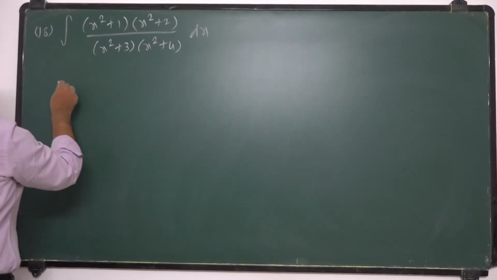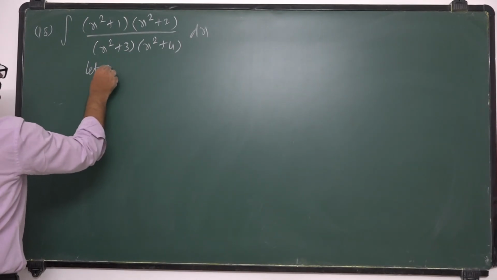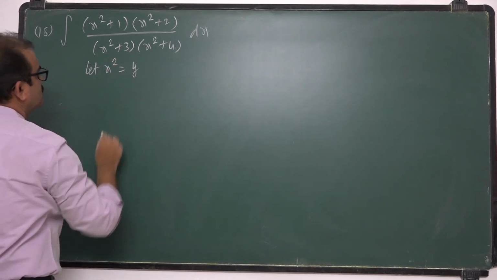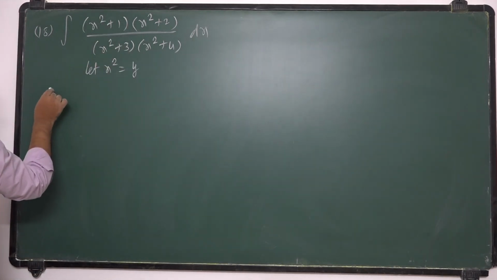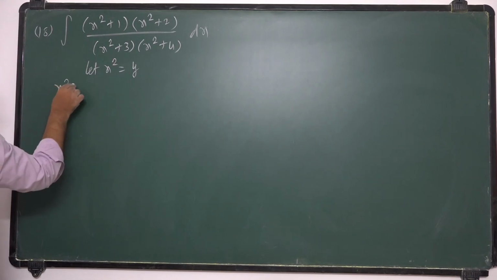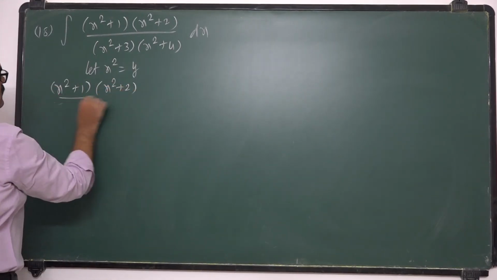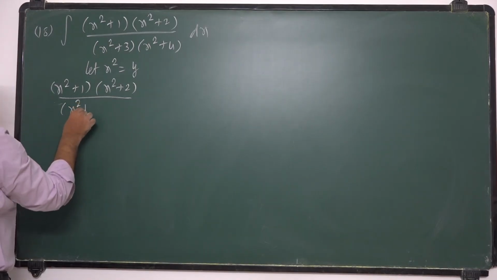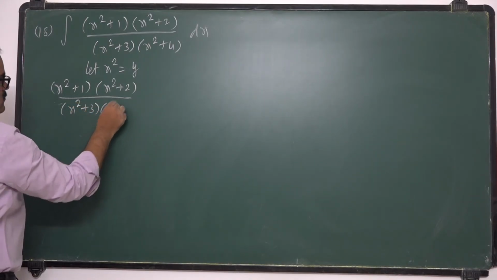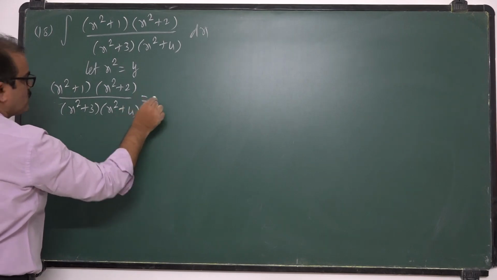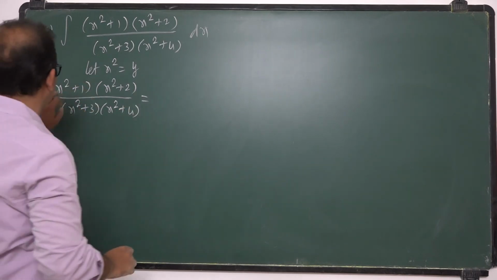In this problem, take x square is equal to y. Then this function becomes, put x square is equal to y.